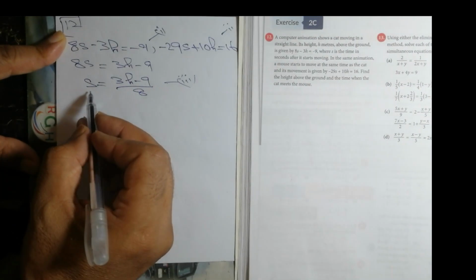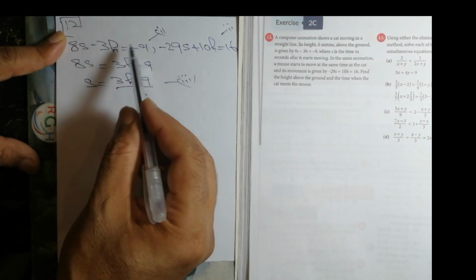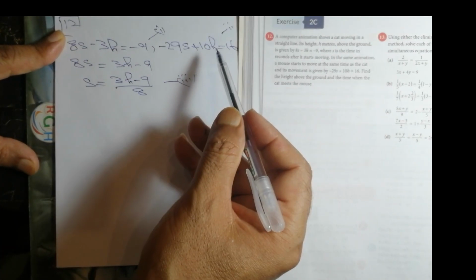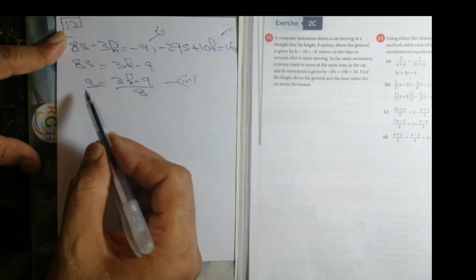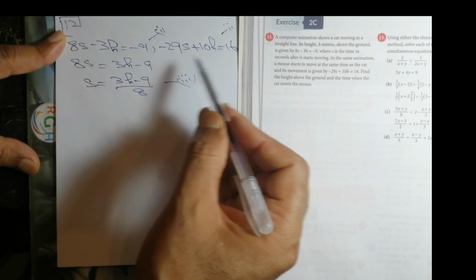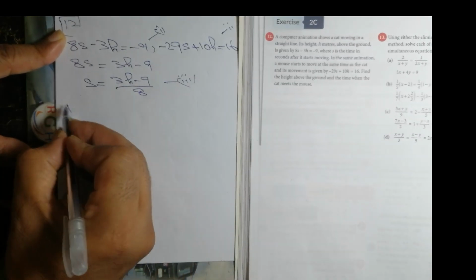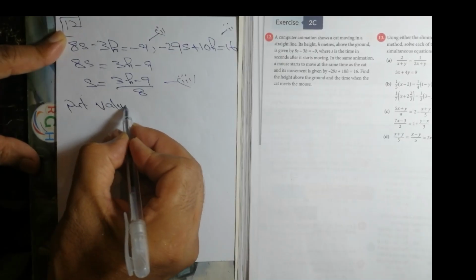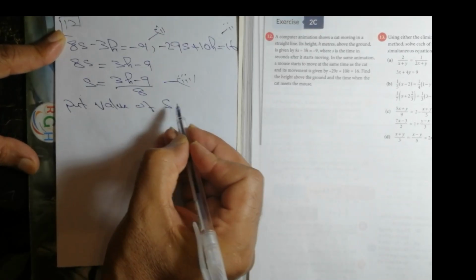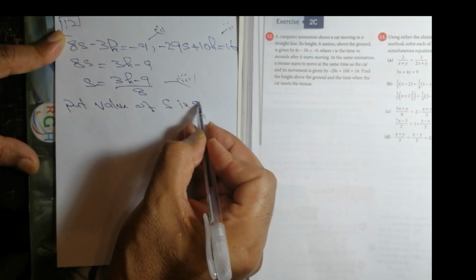So we put the value of s we found from equation 1 into the other equation, not into this one. So put the value of s in equation 2.